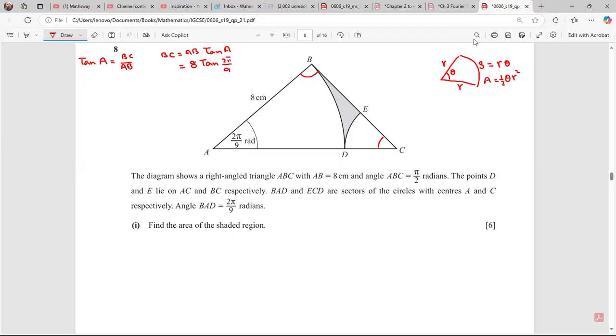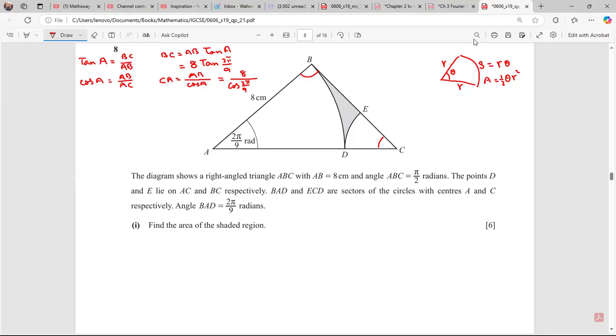Similarly, what is the cosine of this angle A? It is AB over AC. So from here we see that AC is equal to AB over cos of A. So AB, again, it is 8 over cosine of 2 pi by 9.